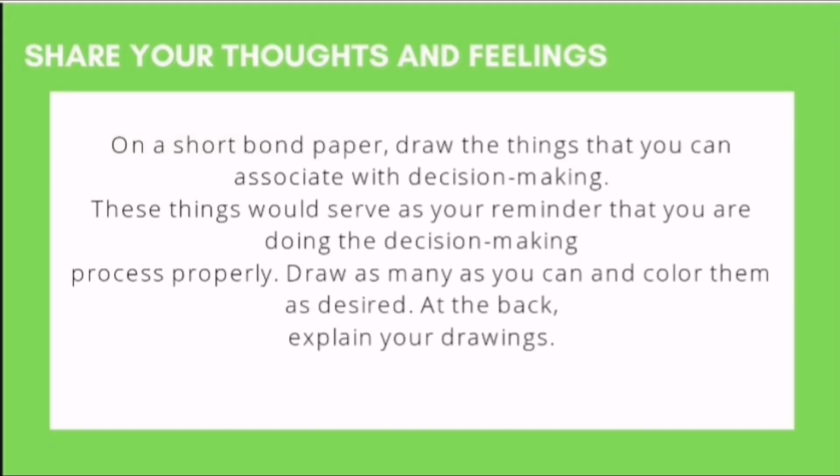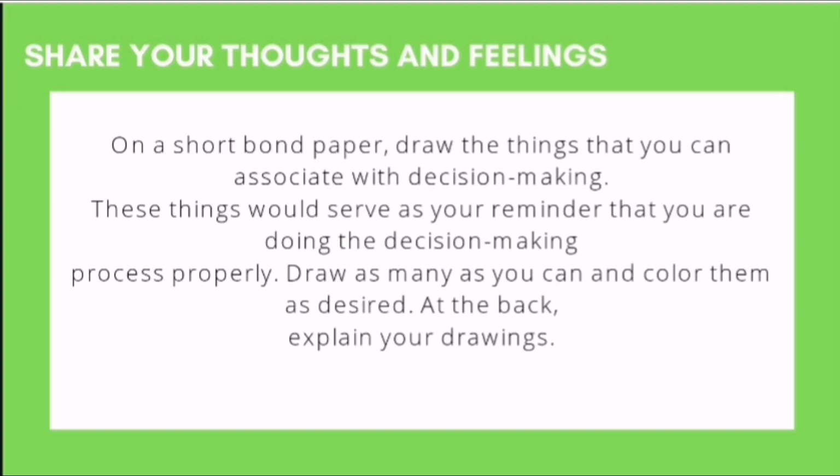So, on a short bond paper, draw the things that you can associate with decision making. So, ano ba yung mga bagay na pwede nating i-associate in decision making? And of course, yung bulb, no, positive and negative sign, pwede nating ilagay yan. So, a person that is thinking, okay, these things would serve as a reminder that you are doing the decision making process properly.